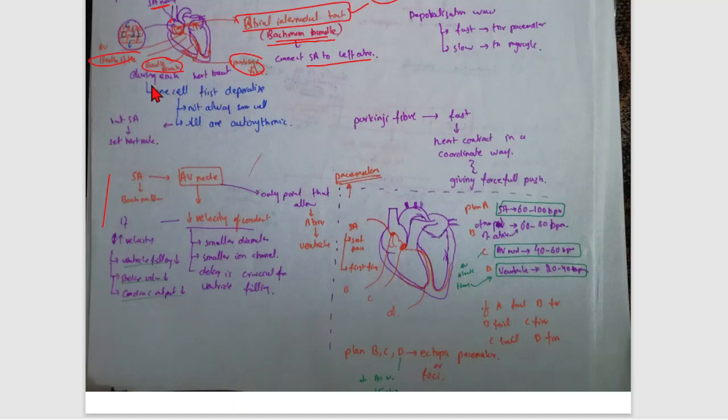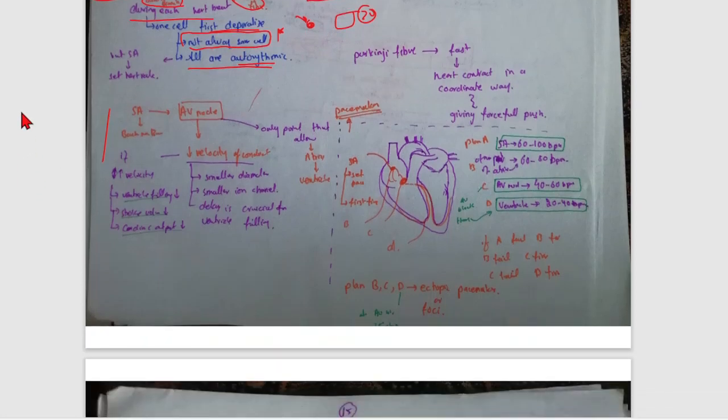During each heartbeat, one cell depolarizes first, but it is not always the same cell. All are autonomic. For example, if the SA node has 20 cells, one cell depolarizes first, but it is not always that same one.